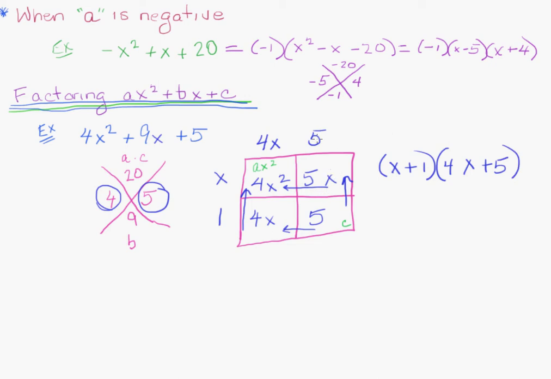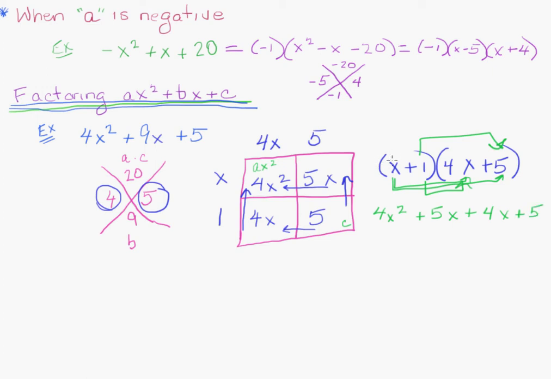So is this the correct factorization? Well, let's multiply it out. Okay, so x times 4x gives me 4x squared. Outsides give me plus 5x. Insides give me plus 4x. And the last give me 5.